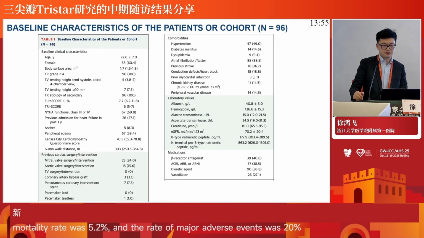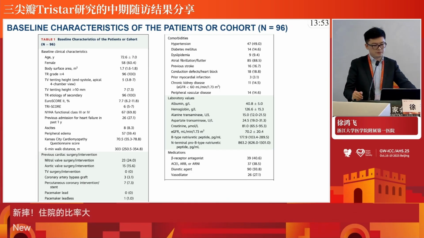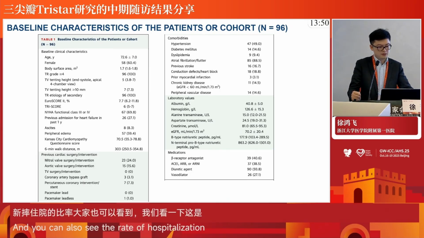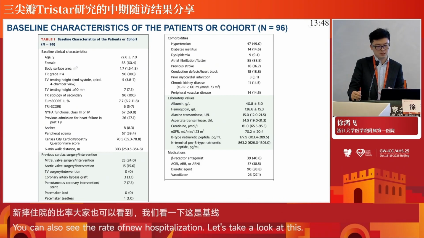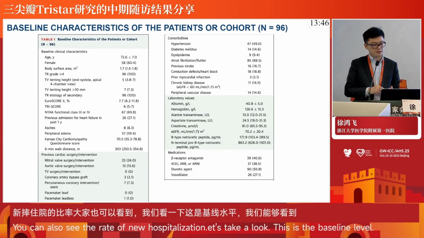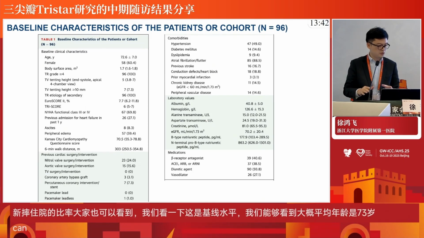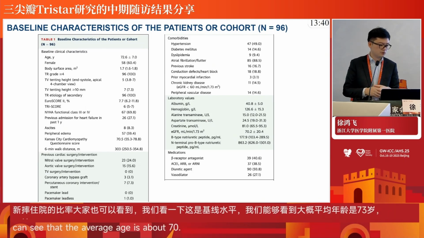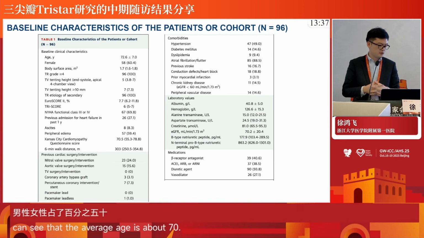This is the basic characteristics of the patients. We can see the mean age was about 73, and about 60% of the patients were female, and all patients had TR grade 4 or more, and some patients had severe tethering of more than 10 millimeters.